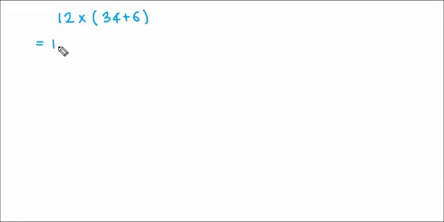We get 12 multiplied by 40, and that gives us 480. Now let's solve this by expanding brackets. So 12 multiplied by 34 plus 6. If we want to expand the bracket, we have to multiply this 12 with each number inside the bracket.